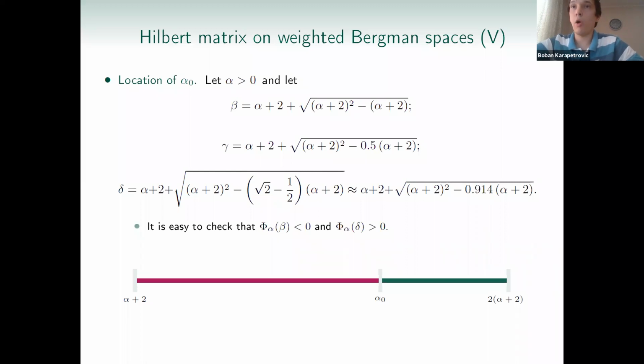So the open problem is from alpha plus 2 to alpha_0 in the case when alpha is greater than 0. And alpha_0 is between delta and beta. And of course, gamma is bigger than delta. So on this interval, from gamma to 2 times (alpha plus 2), this is a result of Lindström, Miihkinen, and Wikman.